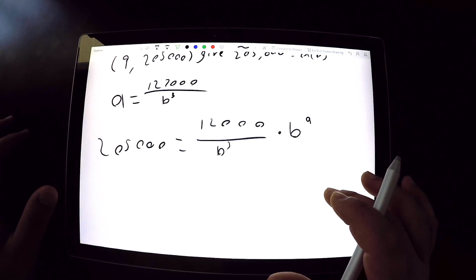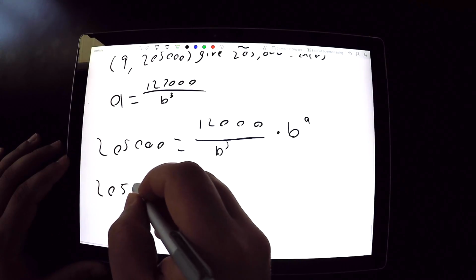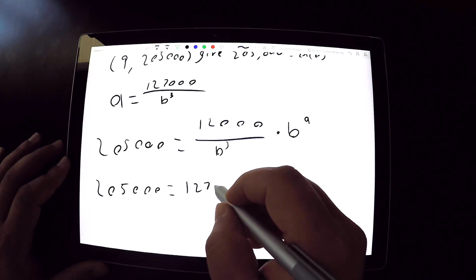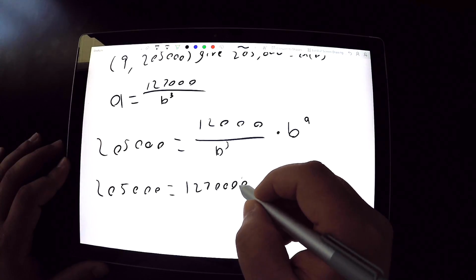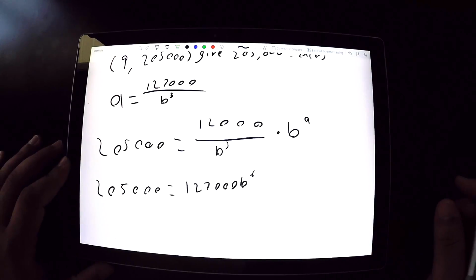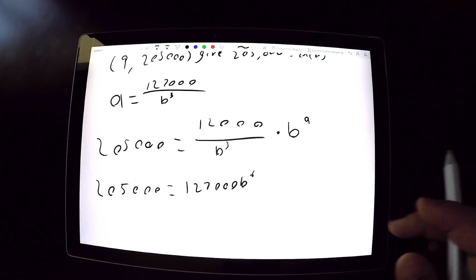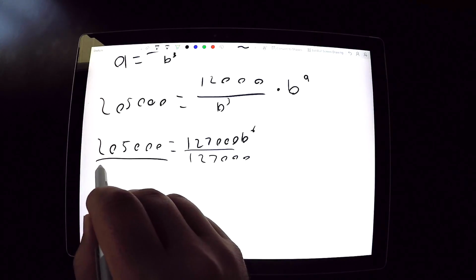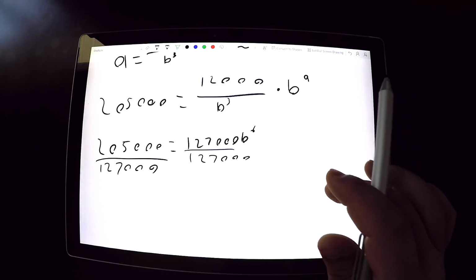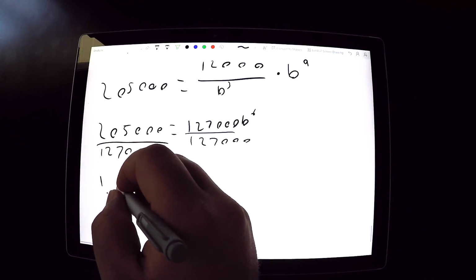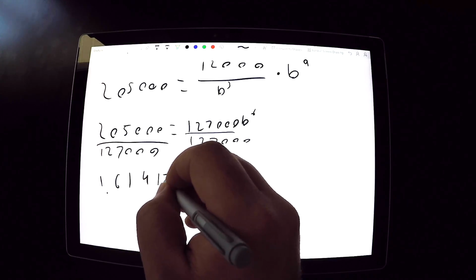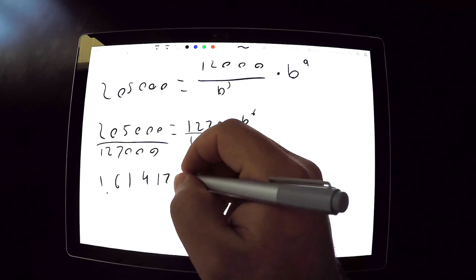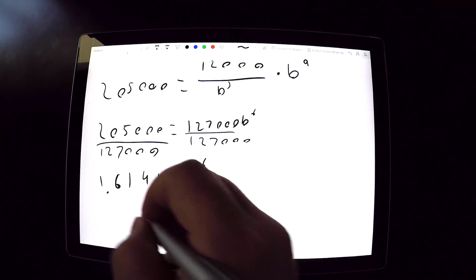Simplifying, we are left with 205,000 is equal to 127,000 B to the sixth. Now, dividing both sides by 127,000, we are left with 1.61417 equal to B to the sixth.